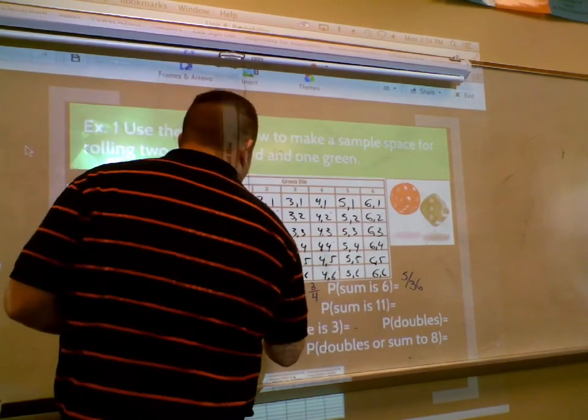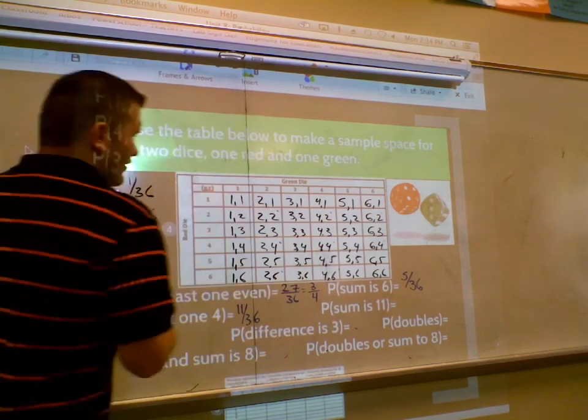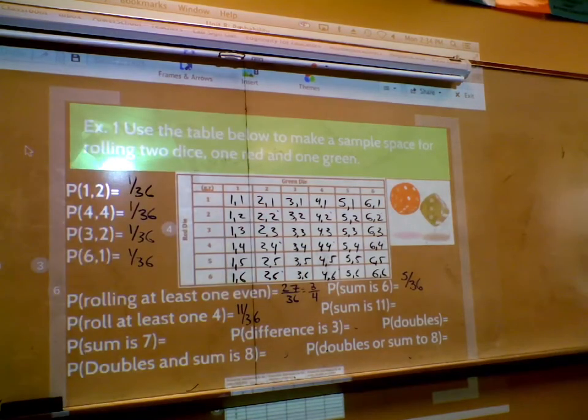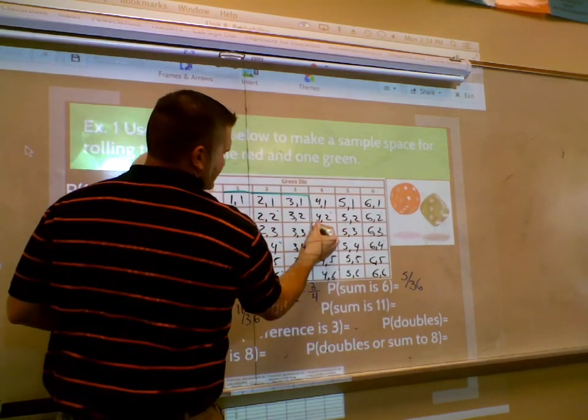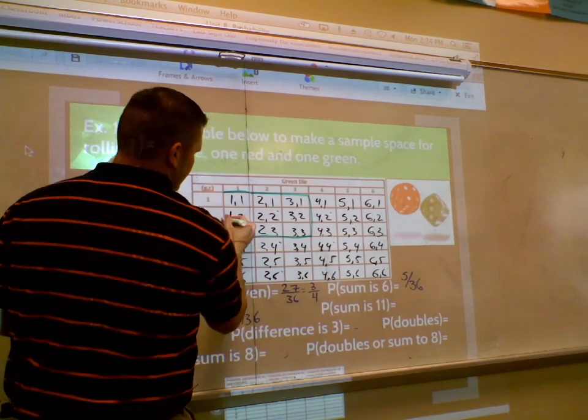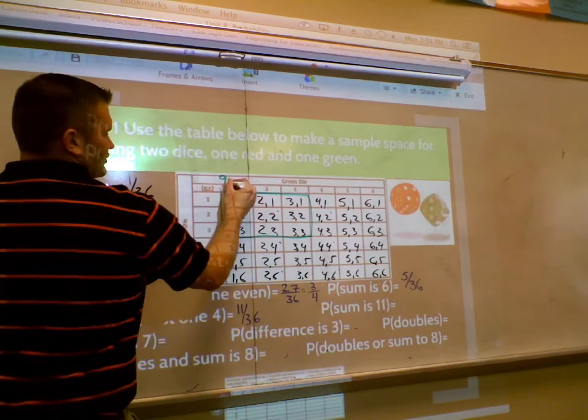If you don't believe me, let's look at the ones that don't have a 4. Every other one. We have this section, which is 3 by 3, 9 total outcomes, right?